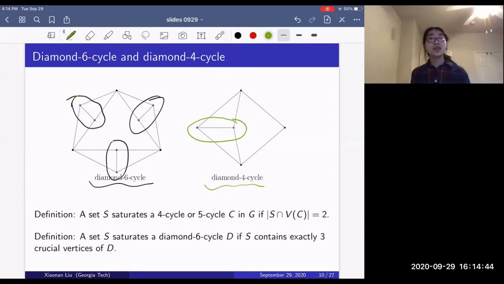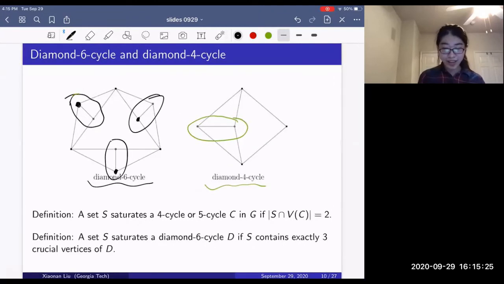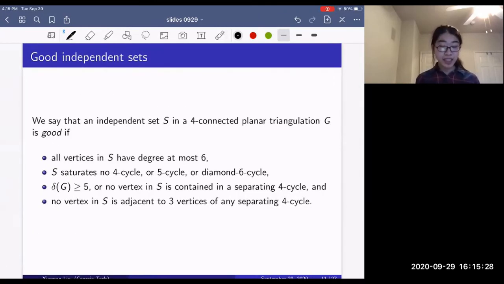First, let's look at some definitions. The independent set S saturates a 5-cycle, say C, if S contains 2 vertices in C. And S saturates a diamond 6-cycle D if and only if S contains exactly 3 crucial vertices of D. It's like we have 3 vertices in S in such locations. Now we can state the properties of this independent set.